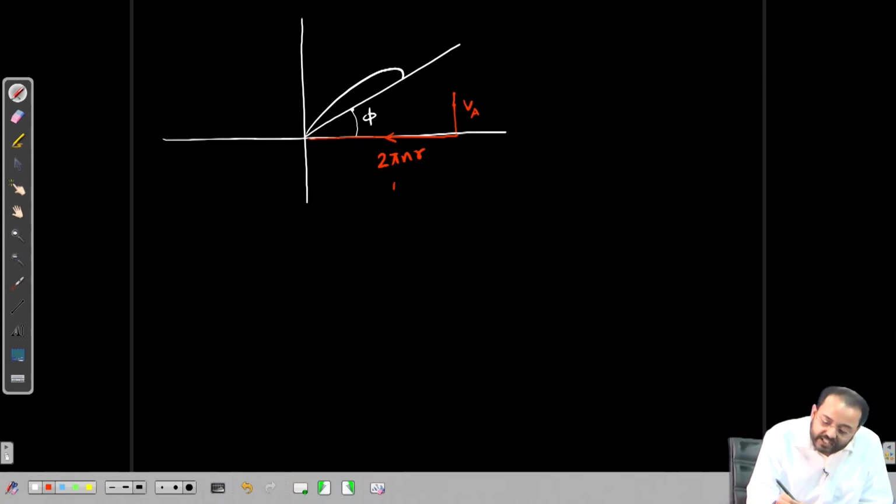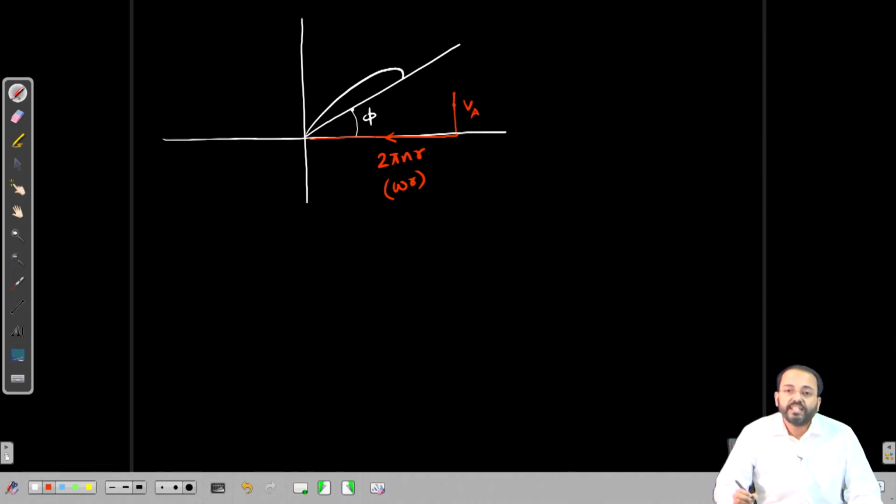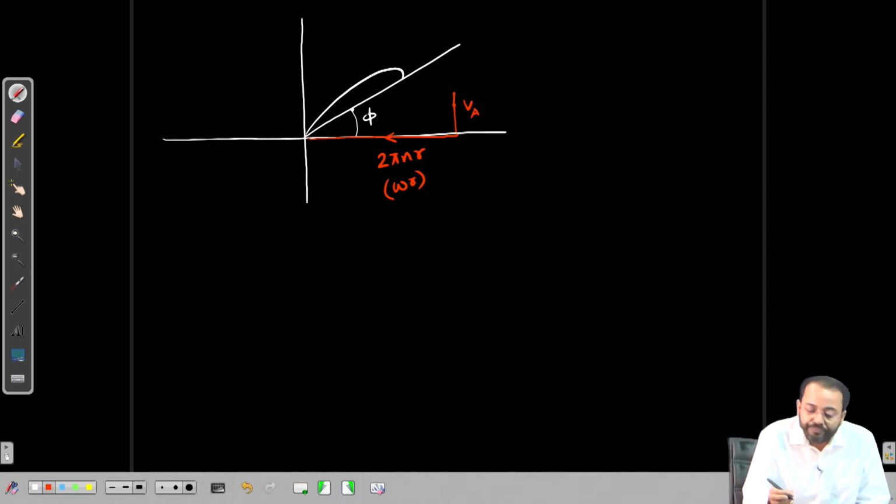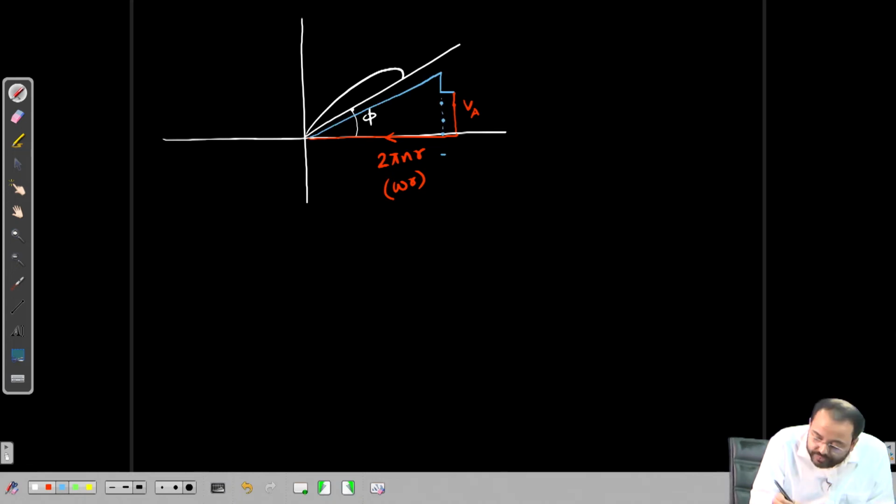So, 2 pi n r is nothing but omega r, where omega is 2 pi n, the rotational speed. Now, we will have to draw the induced velocities. As before, the induced velocities result in the reduction of the tangential velocity component. So, this we have written as a dash times 2 pi n r.